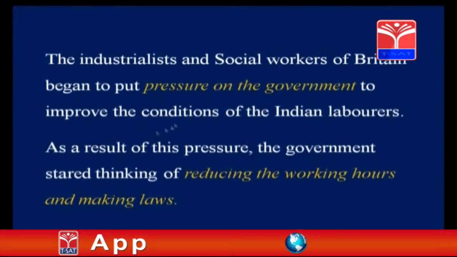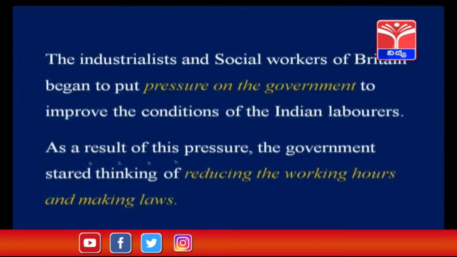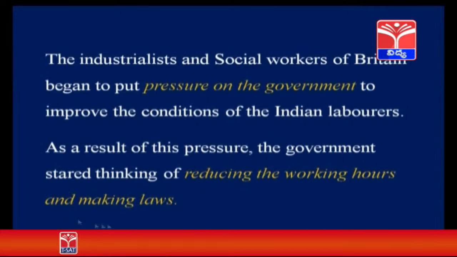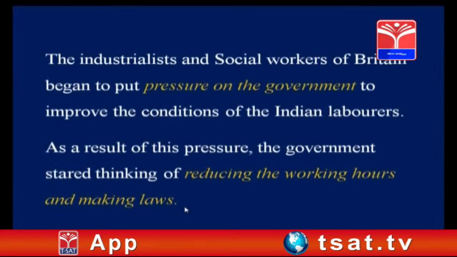The industrialists and social workers of Britain began to put pressure on the government to improve the conditions of the Indian laborers. As a result of this pressure, the government started thinking of reducing the working hours and making some laws for the sake of workers working in the mills.